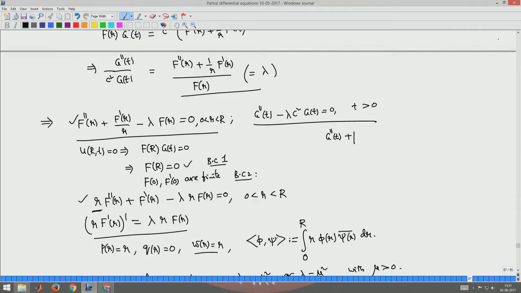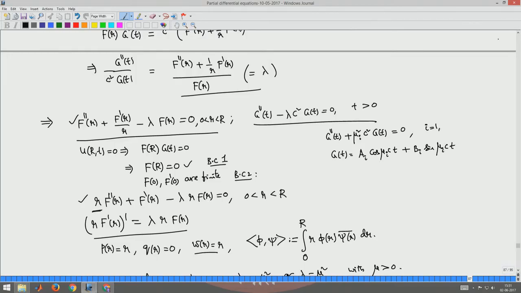So, you have g double dash plus mu I square c square g of t equal to 0. So, you have g of t, for each I, call this a I cos mu I c t plus b I sin mu I c t.